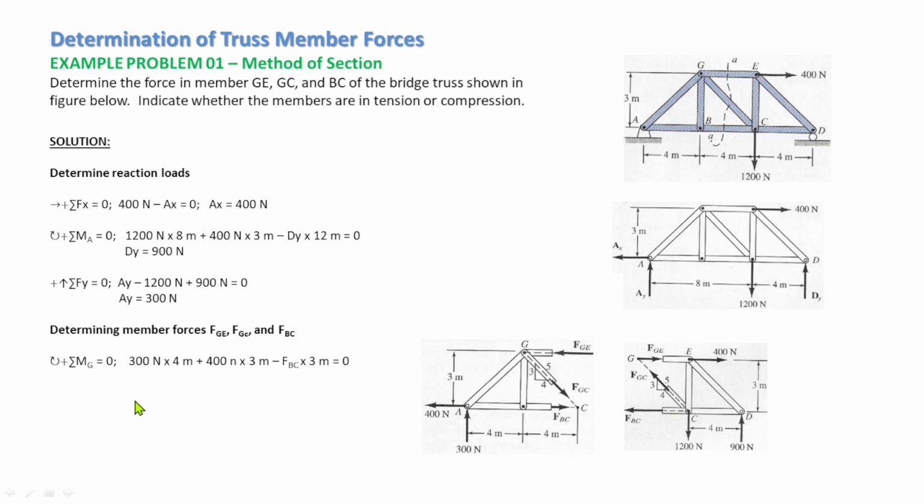Solving, force BC is equal to 800 newtons. This is in tension. If we come up with a negative value, it means the direction is opposite, which is compression. But here, positive, that is tension.